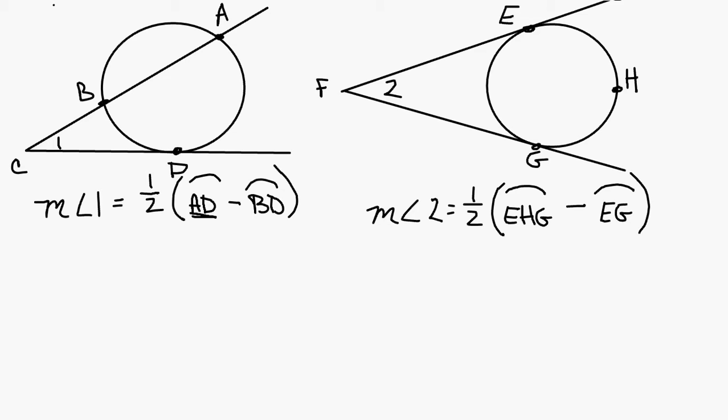And it has to be the bigger arc minus the smaller arc, right? Why? If you get your arcs confused and take the smaller arc minus the bigger arc, you're going to get a negative number. And when you take half of a negative number, you get another negative number. It would tell you that angle 2 is negative, and that's not the case. So make sure it's the larger arc minus the smaller arc.